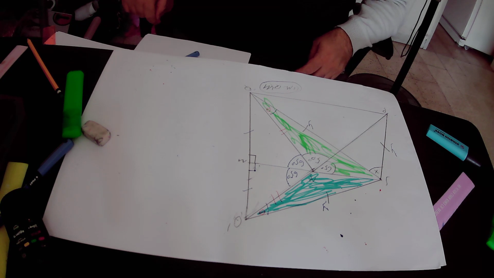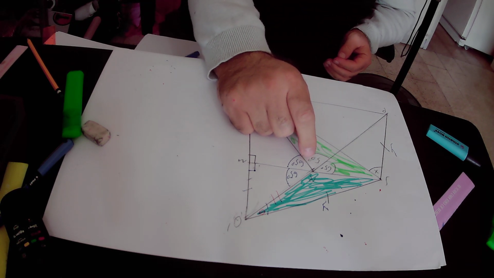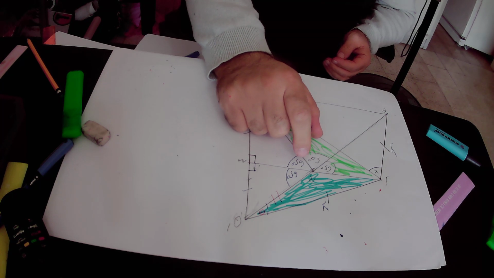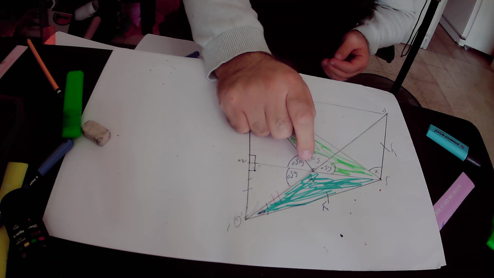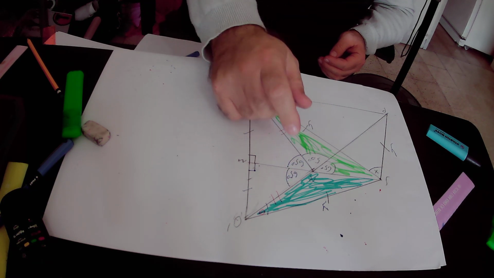So which angles do we have at point R? At point R, on one side only, we will check which angles we have. On this side of point R, we will check which angles we have.